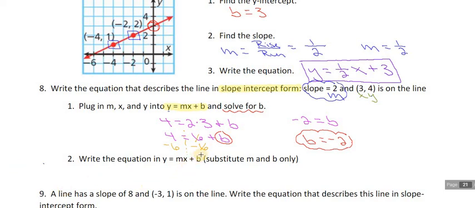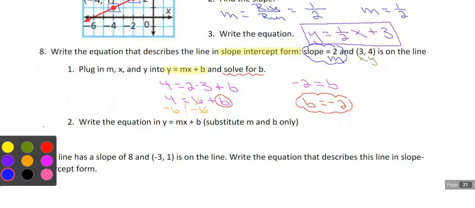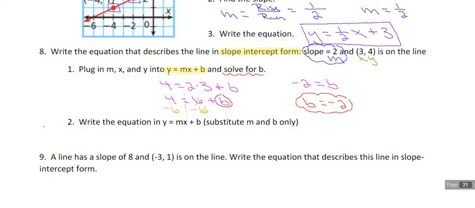So now we can actually substitute our slope and our y-intercept in. So now we have our equation. y equals m was 2, so 2x plus b, but our b was -2, so -2. Okay, so for slope-intercept form, we always need an m and a b. And sometimes if you don't have it, you need to do some other algebra in order to find one or the other.